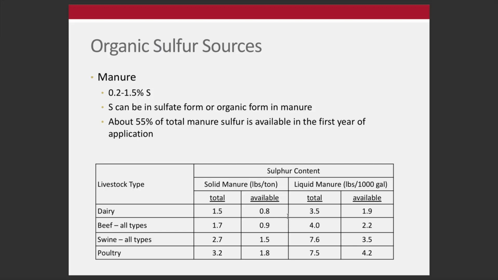General rule of thumb is about half of the sulfur in manure is available that first year, okay? There's a lot more that could be said about this. But typically when we find soils that are receiving manure either regularly or semi-regularly, we're very hard pressed to believe that we're ever going to see a sulfur deficiency in fields that are receiving manure. Okay.